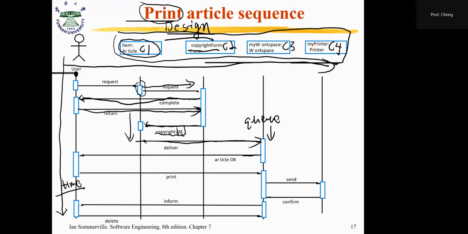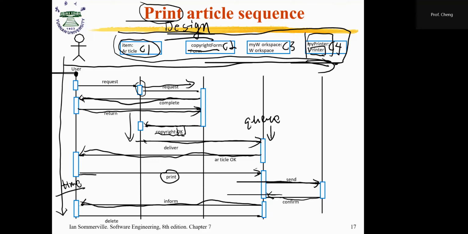Then article okay means you will print all of the articles. Then the user clicks the print button. Then the print command will be sent to the working place. The working space will send the print command to the real printer. Then the printer will confirm and print it. Then the information will be sent back to the user. Then the user will see the result printed in the workspace.